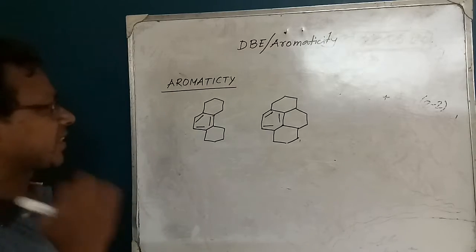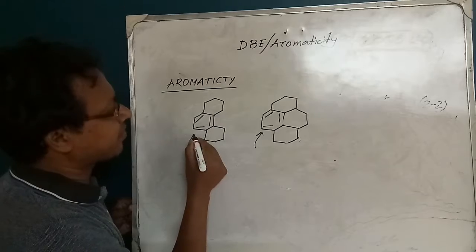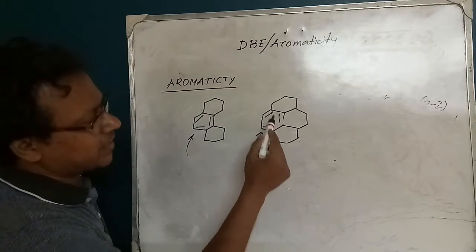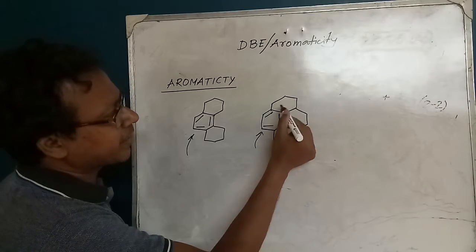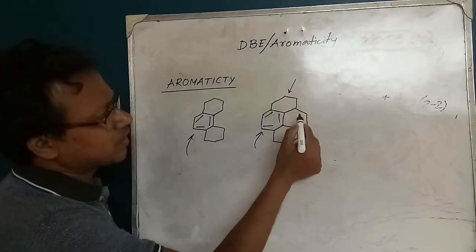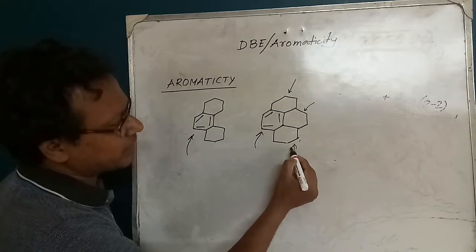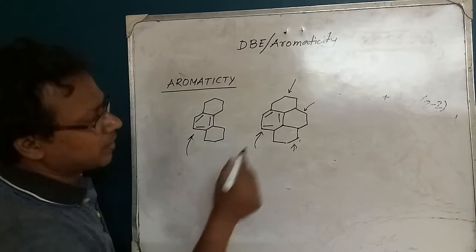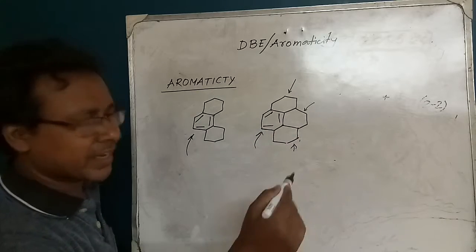You can find that this is an aromatic part, but here a structure containing 3 sp3 carbons is linked cyclically with each other. Here it is sp2, but these carbons are all sp3.